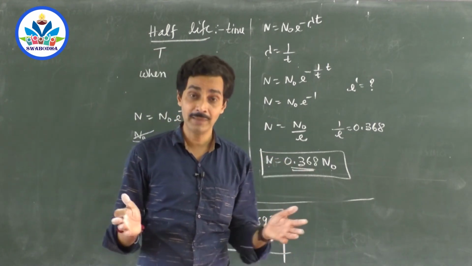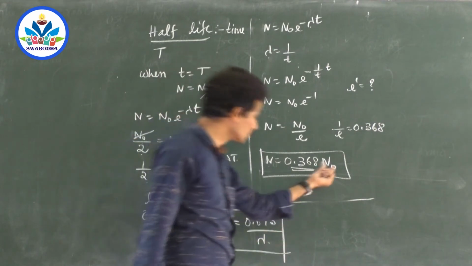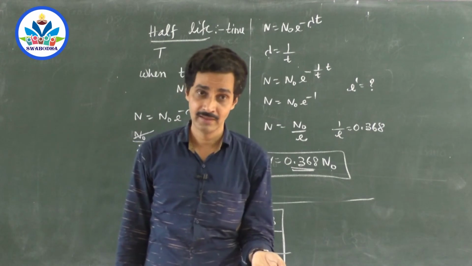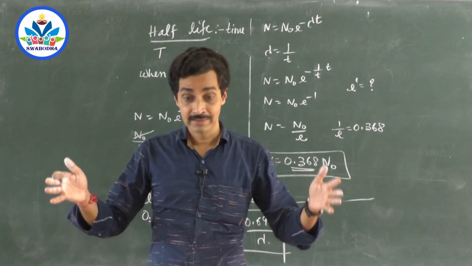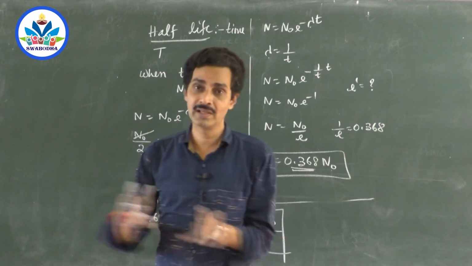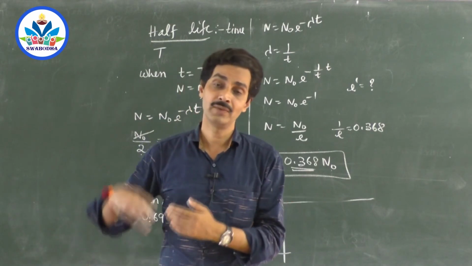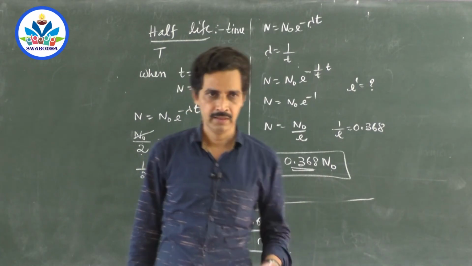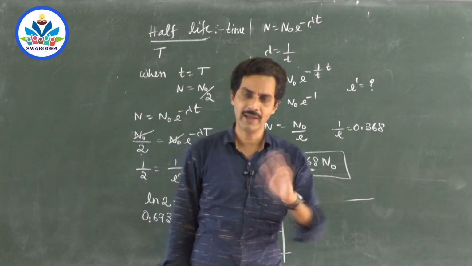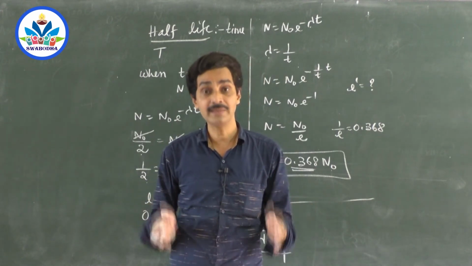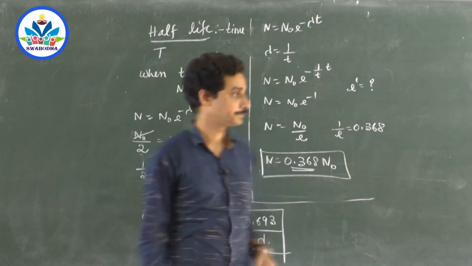You calculate the time in which it becomes 1000 into 0.368, which is 368. 368 of the sample remain. The remaining have been converted into some other material, either by emitting an alpha particle or a beta particle. They are not original atoms now. I can't call the remaining atoms parent atoms. Now I have only 368 atoms as parent atoms.